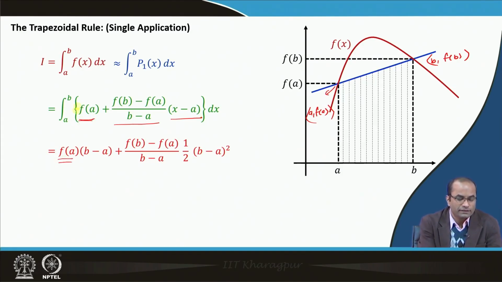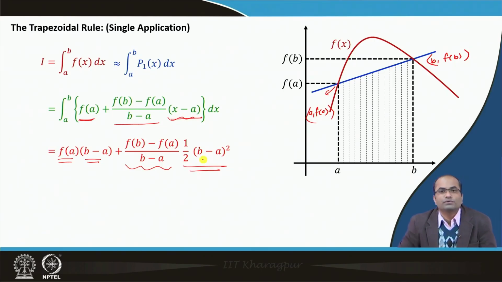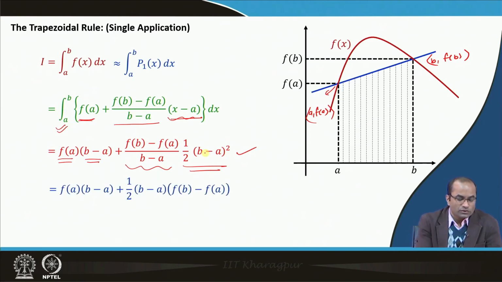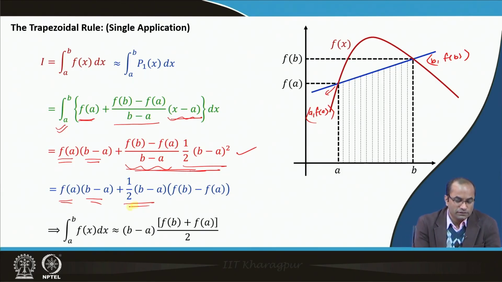We have f a there, times b minus a, and then f b minus f a divided by b minus a, and here x minus a whole square by 2, which when we substitute the upper limit and then the lower limit, the lower limit will make that 0, and the upper limit will give half b minus a whole square. So here we have f a times b minus a, and then in the second case we can simplify again. This calculation will lead to a simple formula.